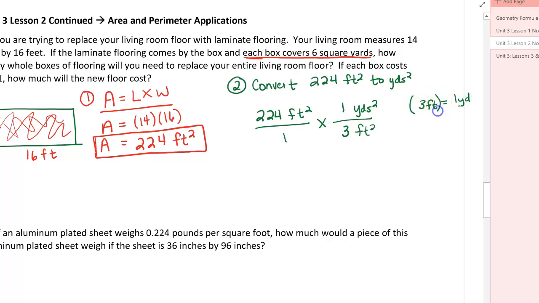You got to square both sides to figure out how many square feet are in a square yard. So it's 9 square feet is equal to 1 square yard. So 3 would not be the right number. It would be 9.